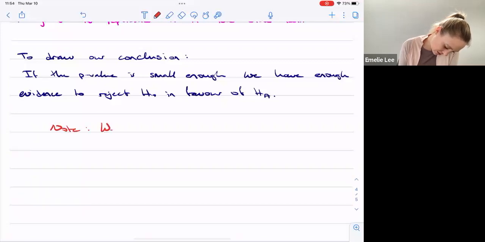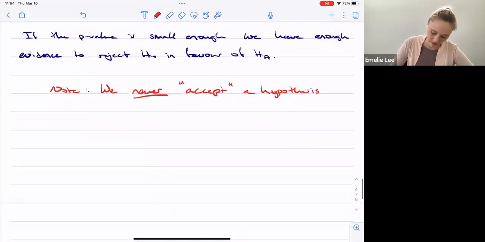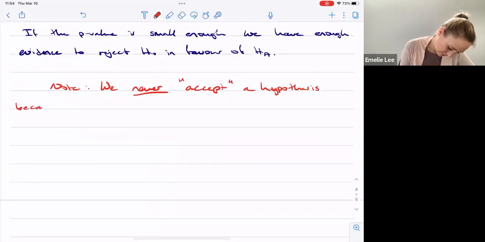So note, we never accept a hypothesis because in this case, there is a p-value chance of being wrong.